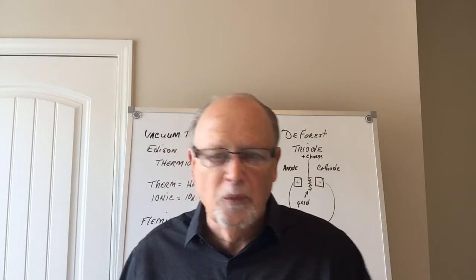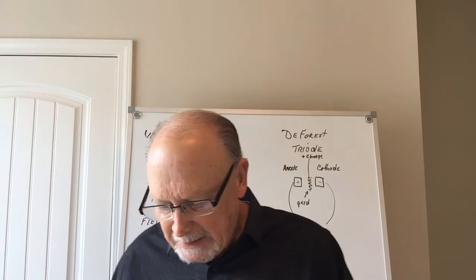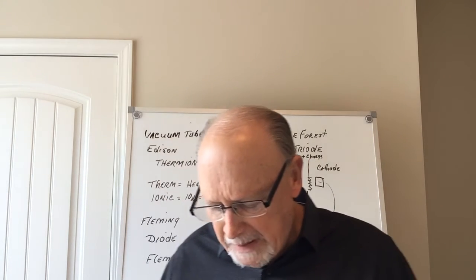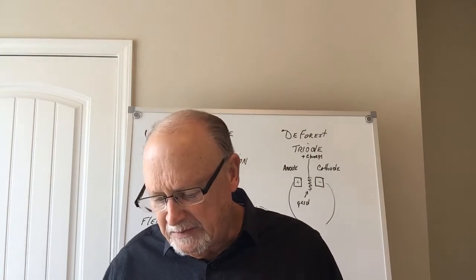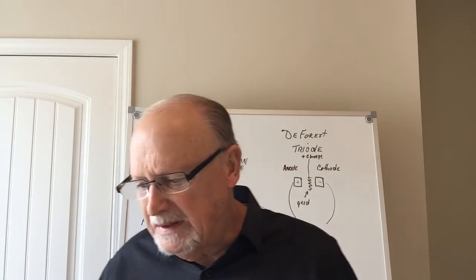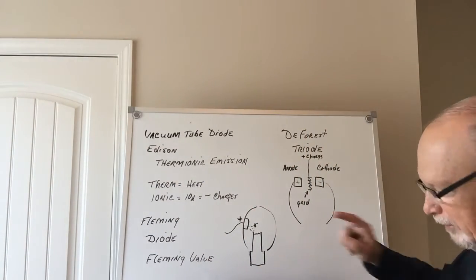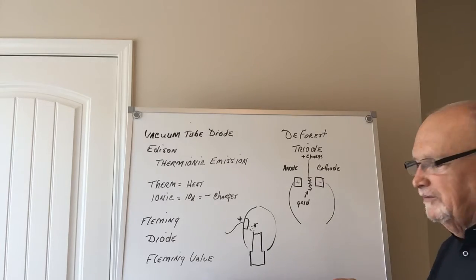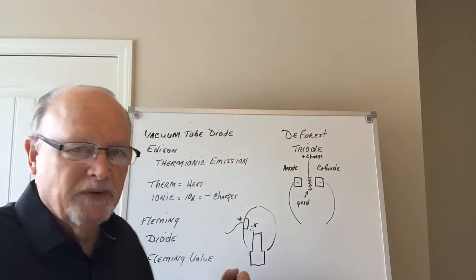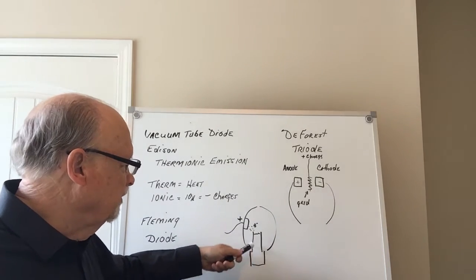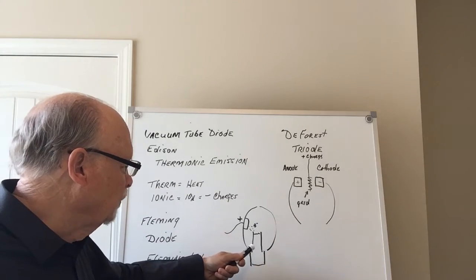So what he did, if you look at the illustration at the top right-hand corner of page 376, is he attached a metal plate. I've got my own drawing here too, though the one in the book is a lot better. Here you see the bulb, the two electrodes, and the filament in between.